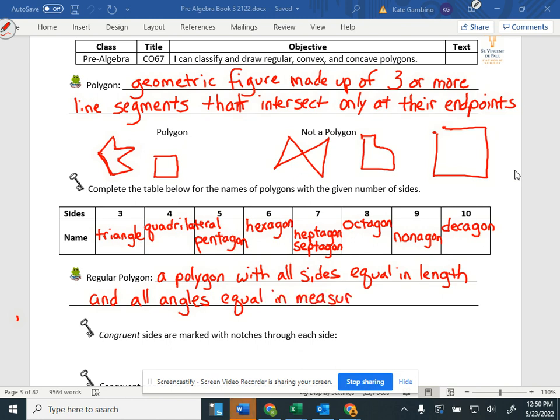So if we're going to talk about a regular quadrilateral, what would that be?